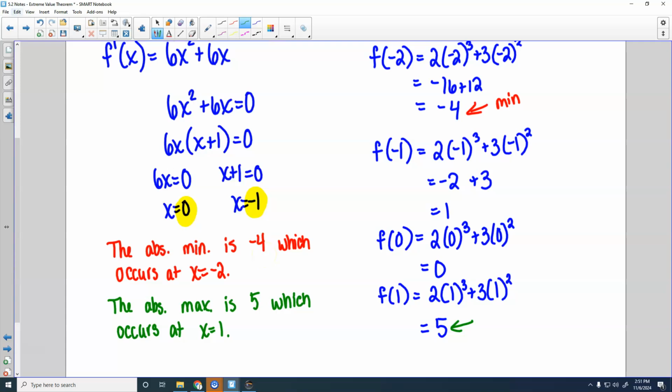Okay, questions? Critical points are places where your derivative is 0 or undefined, which often are maximum or minimum points.